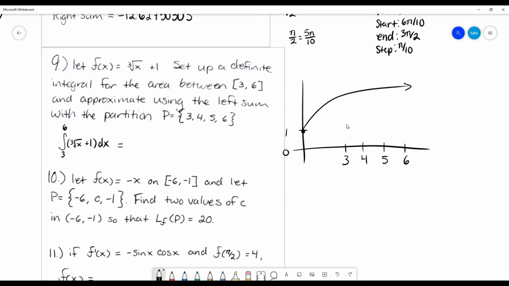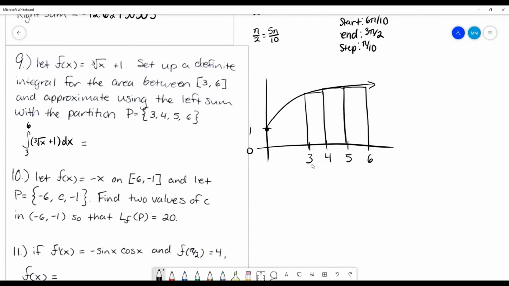Maybe not exactly, but something along those lines, just to get a good picture of it. You want to use a left sum, so we're going to start here and go like that.